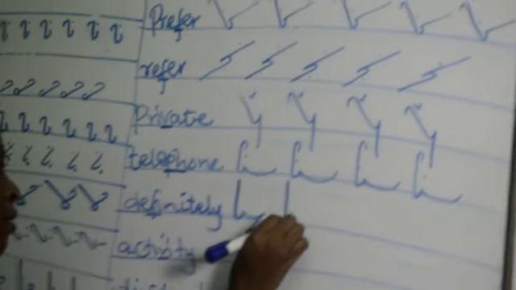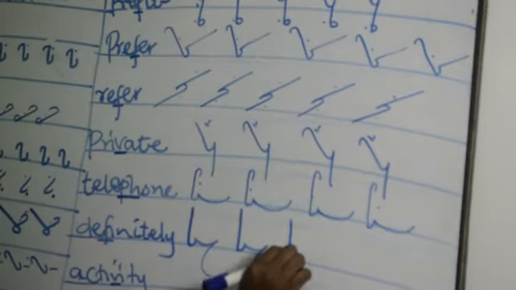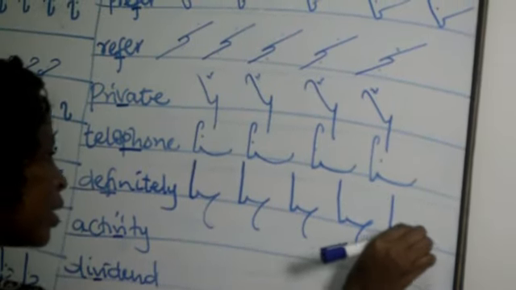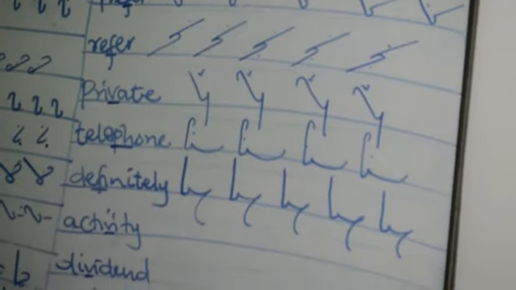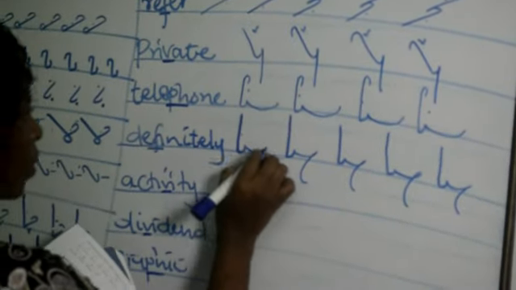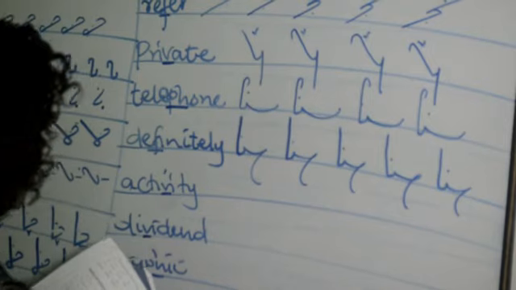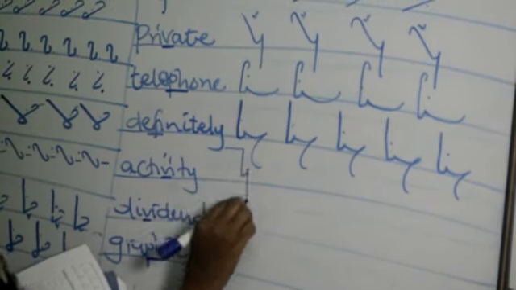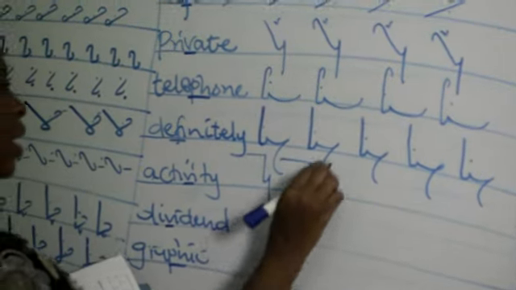Definitely, definitely, definitely. That is how we drill the word definitely. Then we have the word activity, activity, activity.